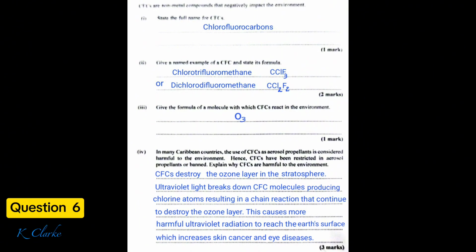CFCs destroy the ozone layer in the stratosphere. Ultraviolet light breaks down CFC molecules, producing chlorine atoms, and result in a chain reaction that continues to destroy the ozone layer. This causes more harmful ultraviolet radiation to reach the Earth's surface, which increases skin cancer and eye diseases.